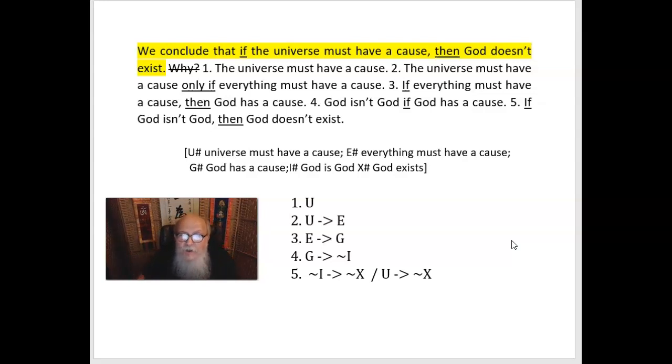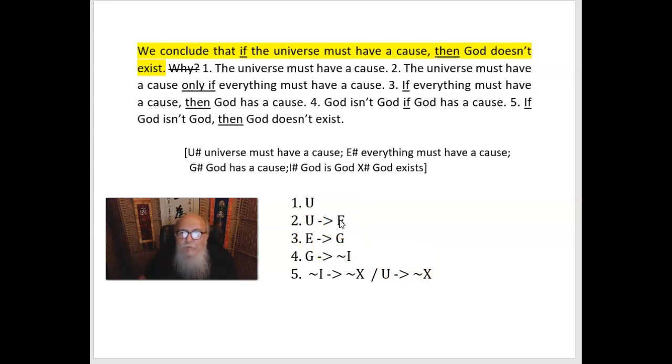And at this point, suppose you think God does exist. In other words, you think this conclusion is not true, that it's false. Well, in a valid argument, if the conclusion is false, one of the premises must be false. And generally, when you're arguing with someone and you both have a valid argument, you're going to be disagreeing on the conclusion, which means there's a premise you disagree on as well.